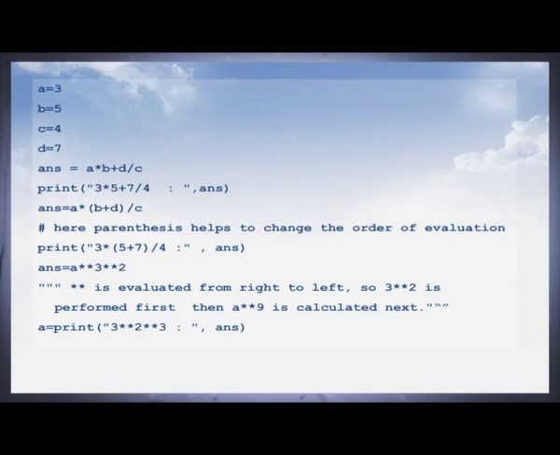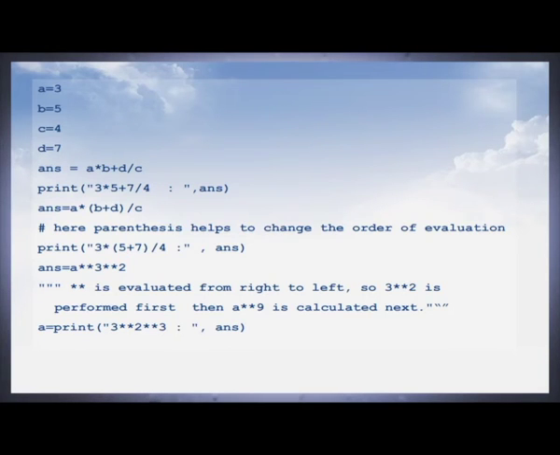Star and slash have higher precedence compared to plus, and they all have left to right associativity. So, star is performed first, then division is performed, then these two results get added. Suppose you want to perform plus first, then you have to put brackets as it is shown here.